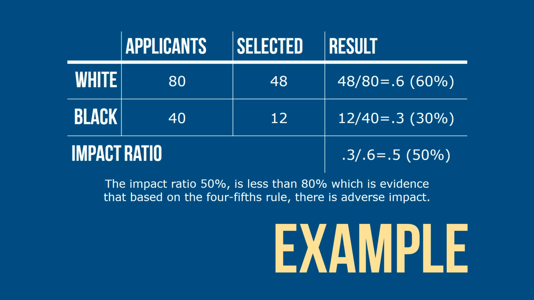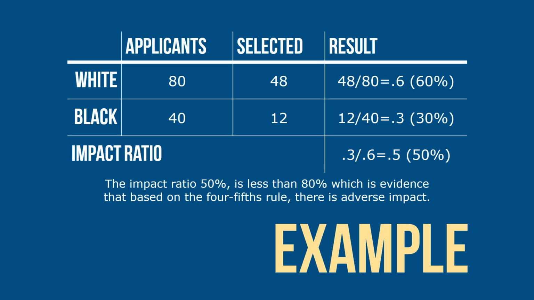So here's another calculation of 4/5. In this scenario, we have 80 white applicants, of which 48 were hired. There were 40 black applicants, 12 of which were hired. The selection rate of white applicants is 48 divided by 80, or 0.6, which is 60%. White applicants are the group with the highest selection rate. The selection rate for black applicants is 12 divided by 40, or 0.3, which is 30%.